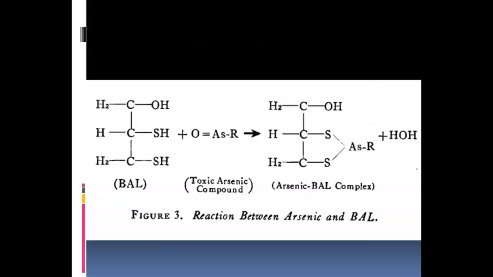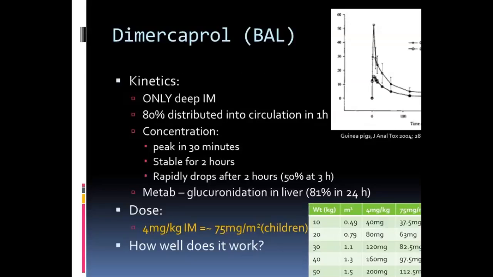So BAL binds to arsenic, as you can see, with this making this nice cyclic structure, and it's a bridge between the 2 thiol groups, the 2 sulfurs. One of the unique aspects of BAL is that it's only given deep IM, and so no IV use, no oral use, and this is rather painful with the peanut oil.